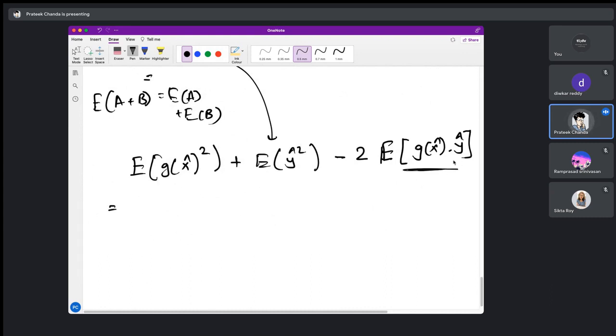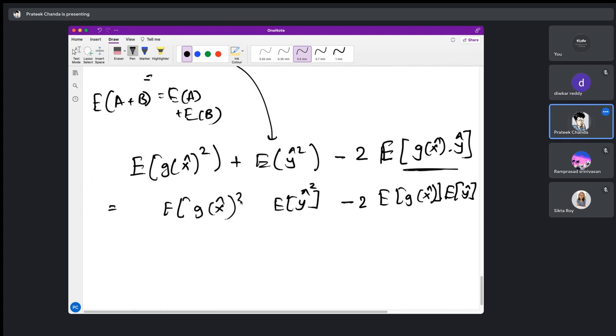Since g of x hat and y hat are independent of each other, I can write it as a product of expectations, expectation of g of x hat and expectation of y hat. And again I have g of x hat whole square. So this is my expression now.